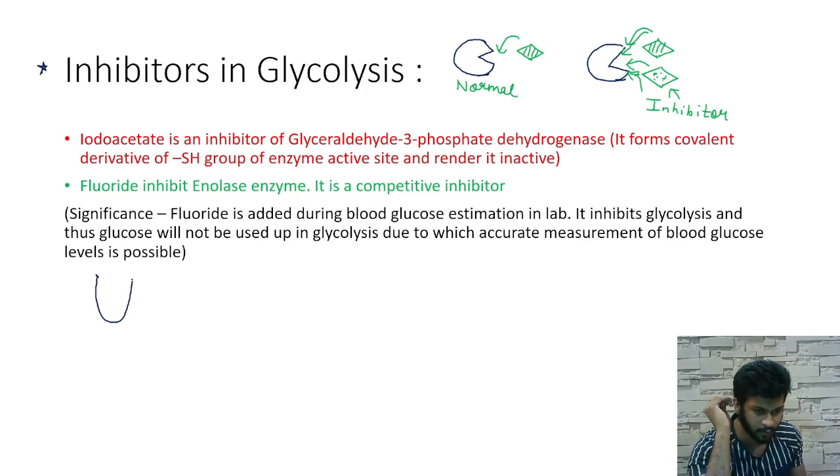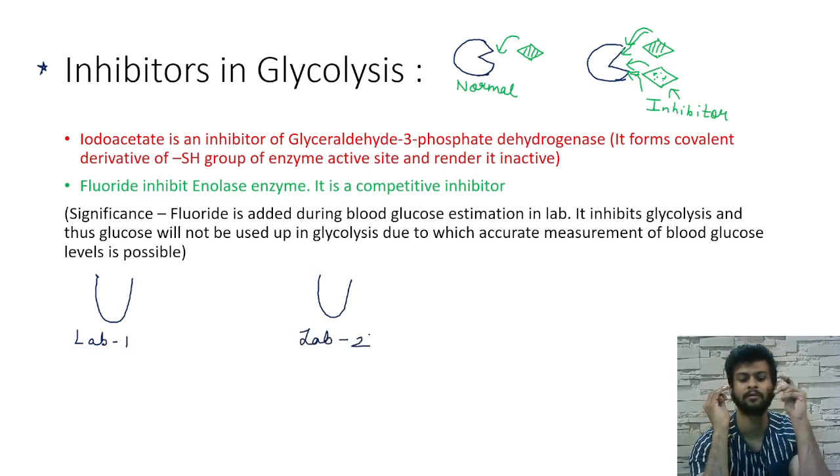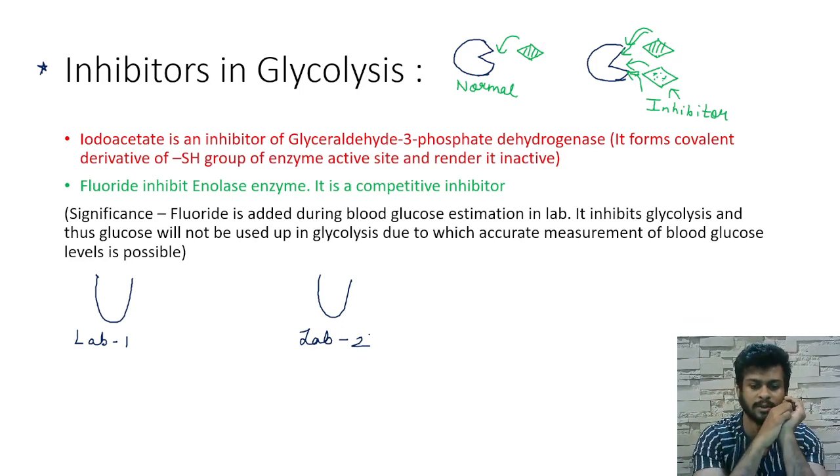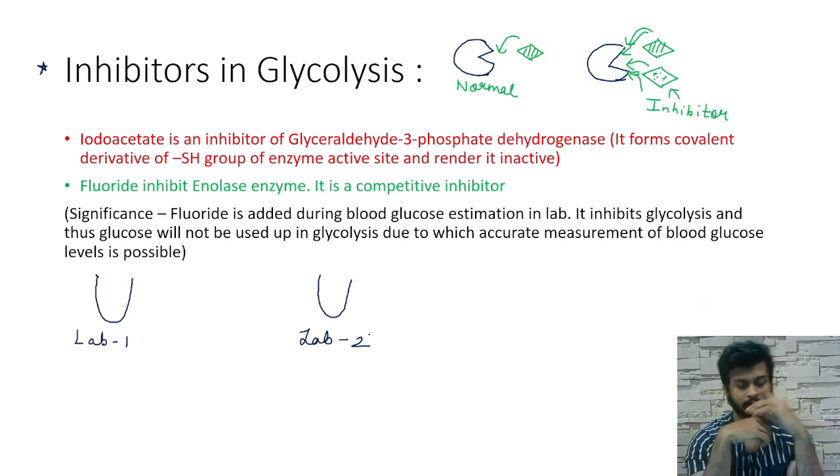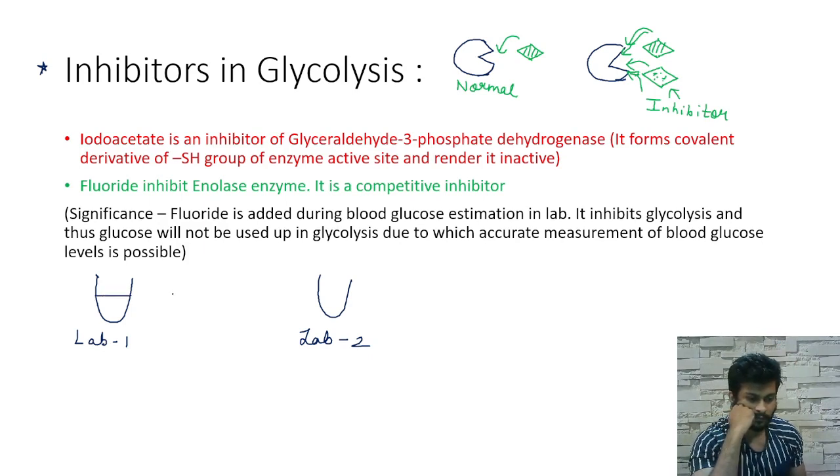If this is a test tube, a patient wants to get the reports of his blood glucose levels. If he goes to lab 1 and lab 2, he will get different results.